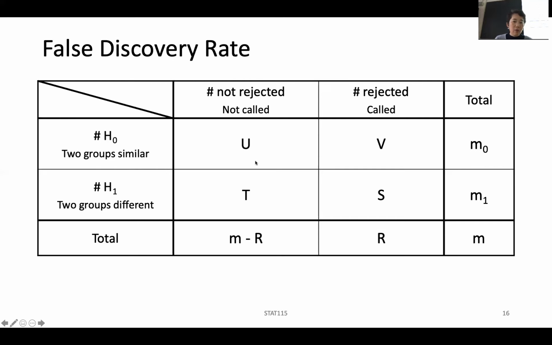So what is this U in this case? U is this group: for a particular gene, the two groups are quite similar, and you also did not call it as different. It's a true negative, that's U. What is V?